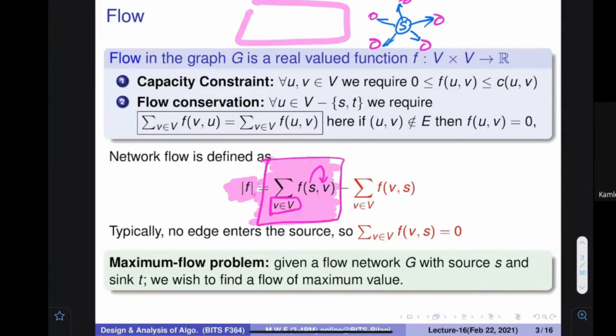Because S is sending to the V's. Try to see how much S is sending to all other vertices. The summation is going to be given as the network flow. This is the value that I want to be maximized.